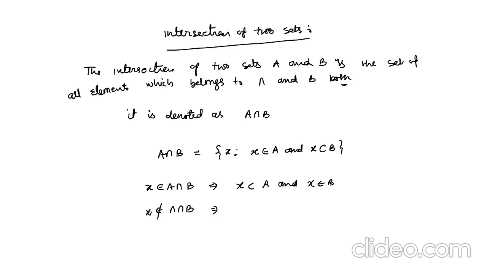It means x does not belong to A or x does not belong to B. We take common elements in A intersection B, but x doesn't belong to it, so x either does not belong to A or does not belong to B.